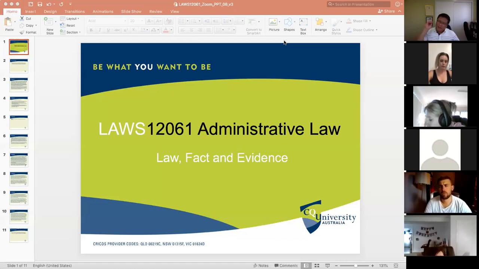In other words, if the decision is based on the exercise of the inherent powers of the executive, you can never have recourse to the AAT. And even if the decision is made under an enactment, but the enactment does not provide for the availability of review by the AAT, then you cannot have merit review. So ultimately, your fallback is to determine whether or not you can perhaps seek judicial review.